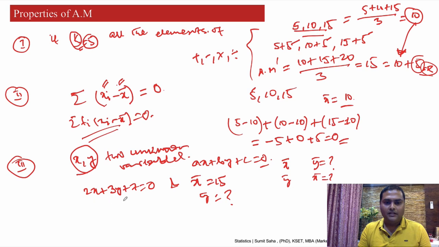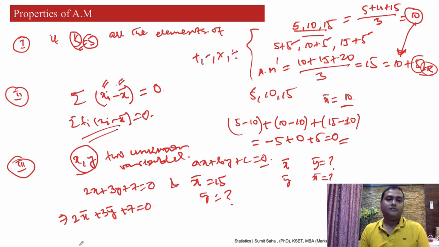We will simply write 2x bar plus 3y bar plus 7 equals 0. This is the property. It means that if x and y are related by a linear equation like this, then x bar and y bar also will be related accordingly.